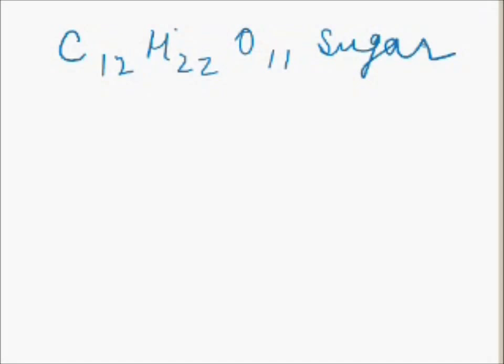Hydrochloric acid reacts with calcium phosphate present in our teeth to form soluble calcium chloride, and as a result there occurs tooth decay, and in the long run we get cavities in the teeth.